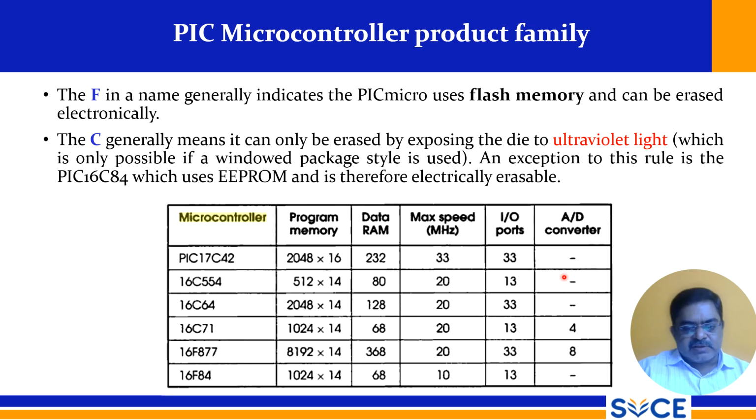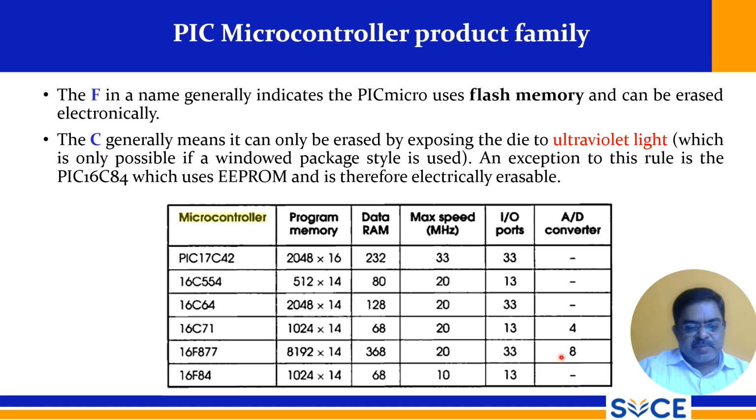Here you can see the table of PIC microcontrollers, for example PIC17C. This is the program memory, this is the memory capacity, data RAM, maximum speed in megahertz, the number of IO ports that can be connected, and A to D converters. In a few cases they are inbuilt, and in a few cases the A to D converters are required.